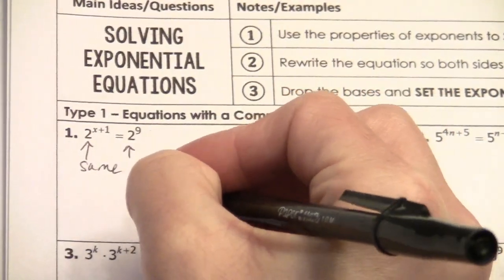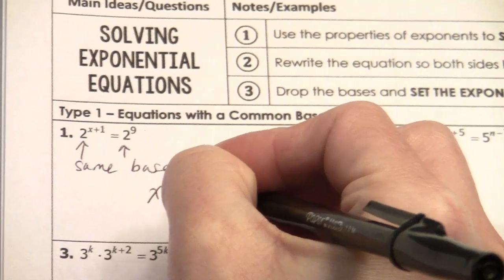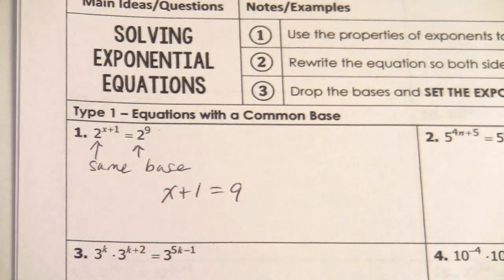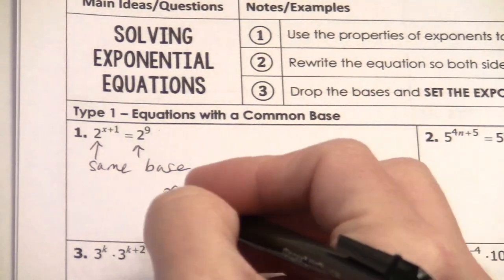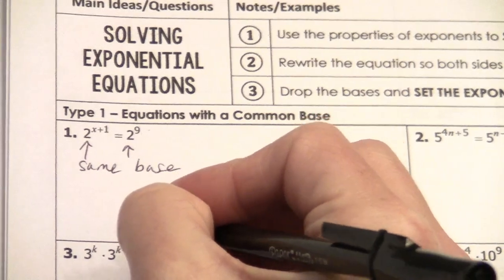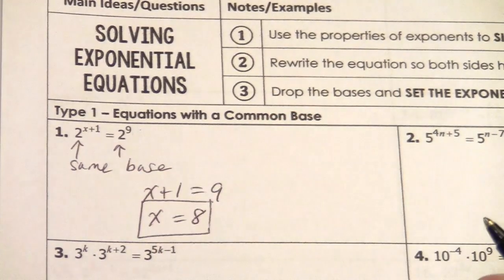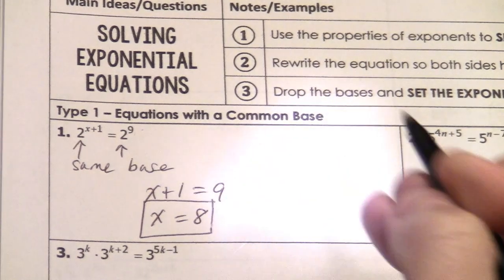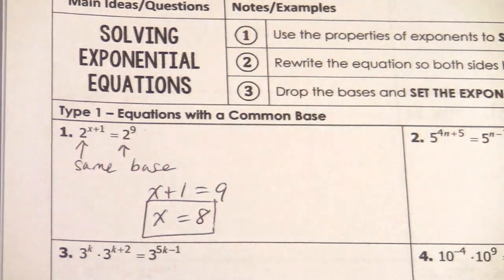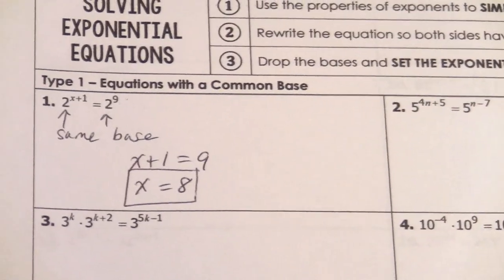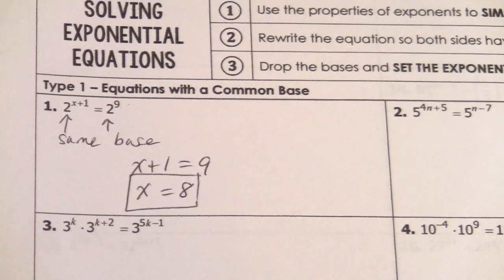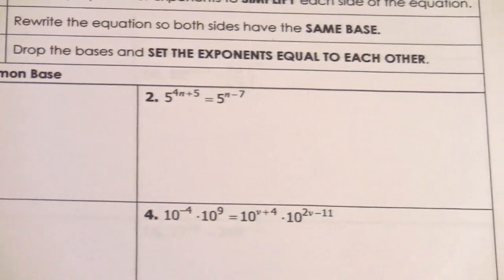So we're going to do x plus 1 equal to 9, and then we just do the easy algebra of that, subtract 1 from both sides. x equals 8. And that's our answer. That's all we have to do. Really easy when the bases are the same. All right, let's take a look in case you need to see that. Make sure you can pause the video at any time if you need to catch up with taking notes.